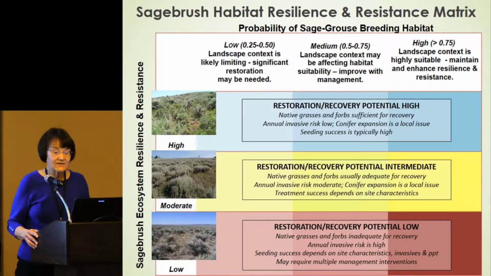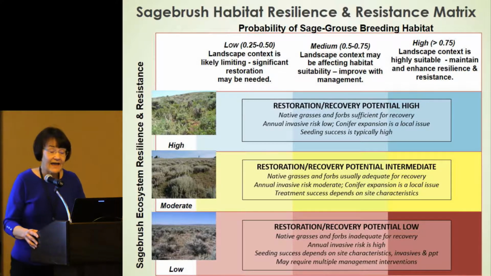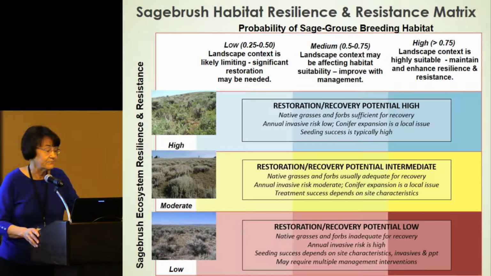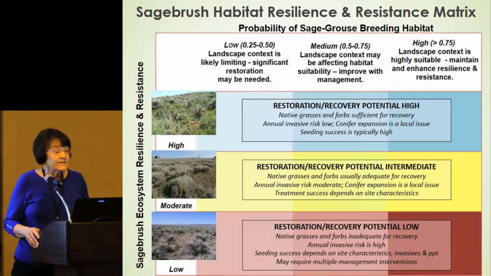It essentially allows us to prioritize areas for management and determine effective management actions based not only on information on individual species like sage-grouse, but also on how these different ecosystems are going to respond to both disturbance and our management actions. In the matrix, the rows essentially indicate ecosystem resilience and resistance, the columns, the probability of sage-grouse breeding habitat.